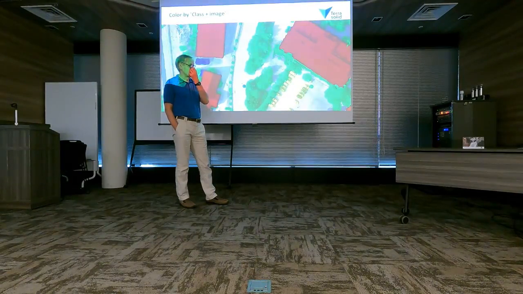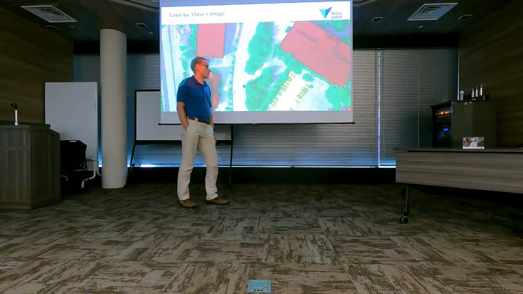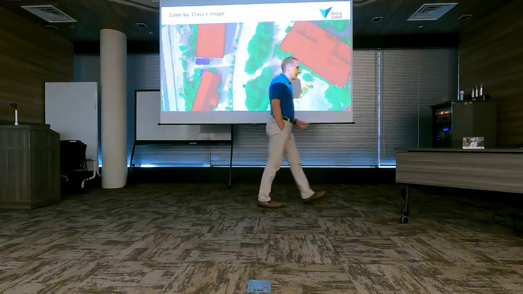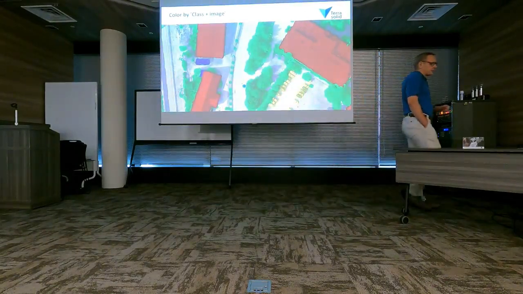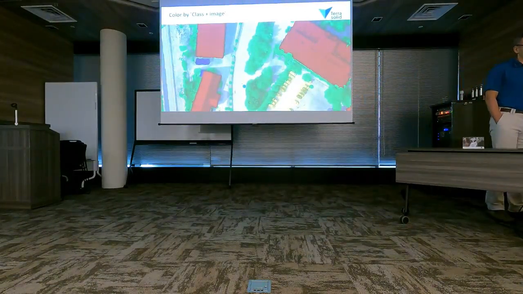So this choice I may use if I'm checking classification. So I get an understanding of the classification from the color, and from the images I get a better understanding of the environment.